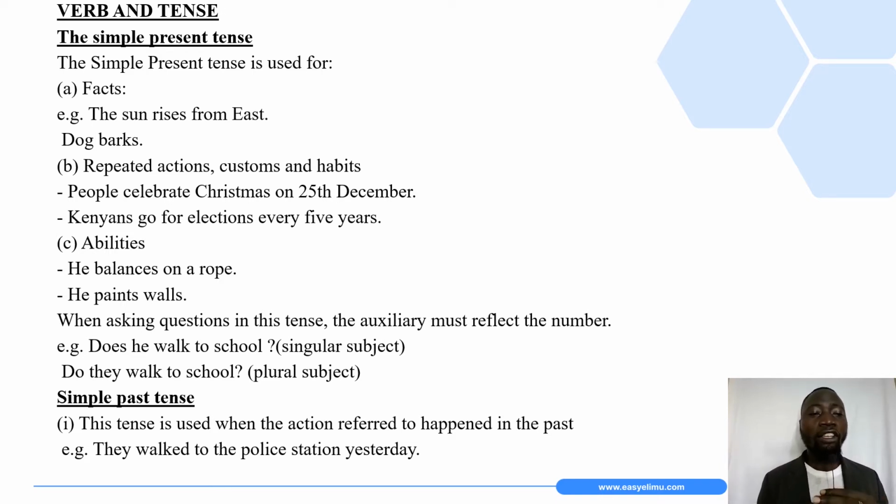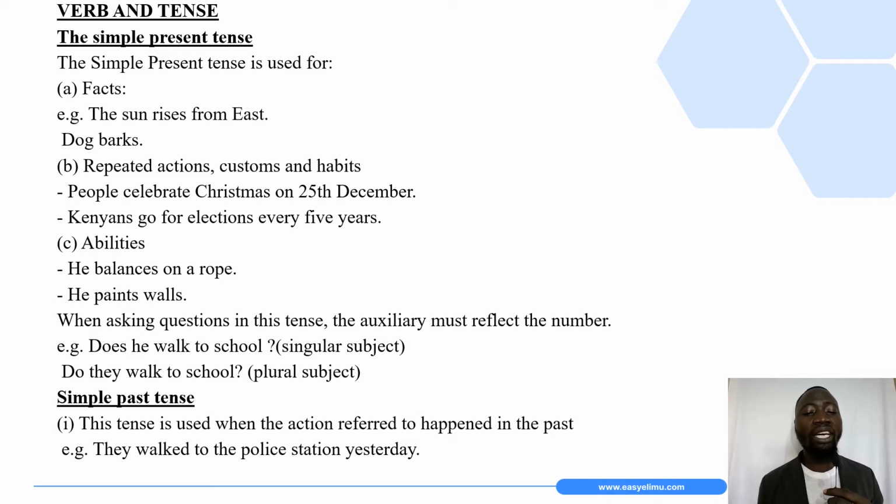Another use of the simple present tense is to show abilities. For example, he balances on a rope. Another example that shows ability is, he paints walls. The two sentences talk about what one is capable of doing. When asking questions in this tense, the auxiliary must reflect the number. For example, does he walk to school?